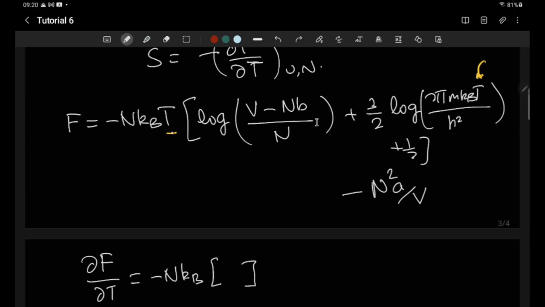Then we have to do 3 half log T, so you get minus n kB T into 3 half, which is a constant. Is this okay?